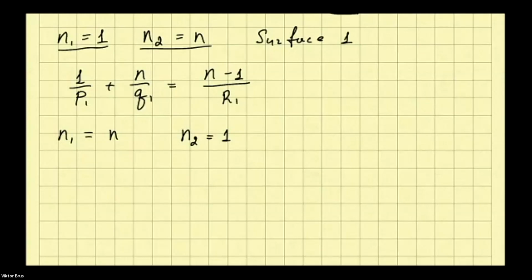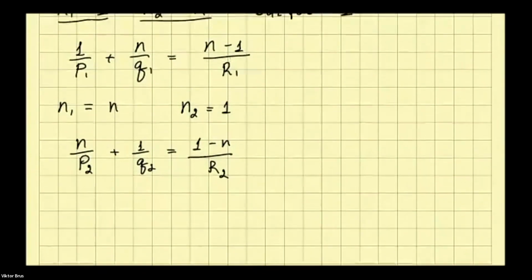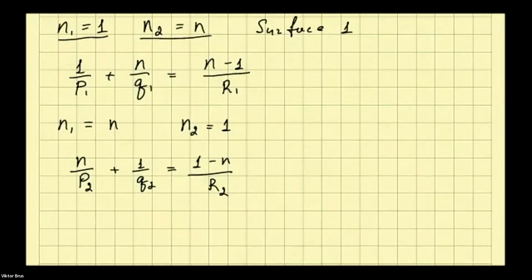Taking this into account, we can write that N divided by P2 plus 1 divided by Q2 equal to 1 minus N divided by R2. Okay, so we have two equations for two surfaces.